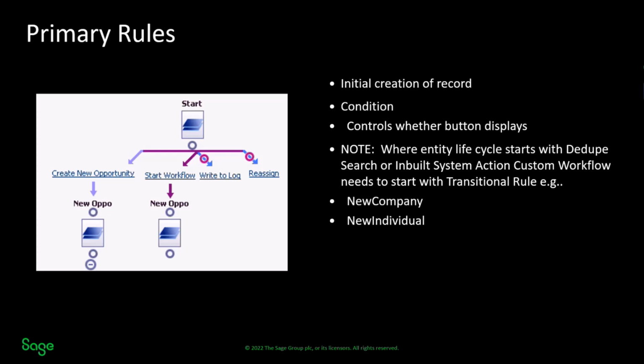It becomes stable. So we have the idea of the initial creation, the update, and then the stability of that data. The creation of a record is something that we can control using workflow.